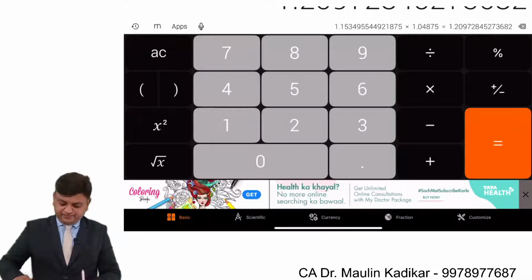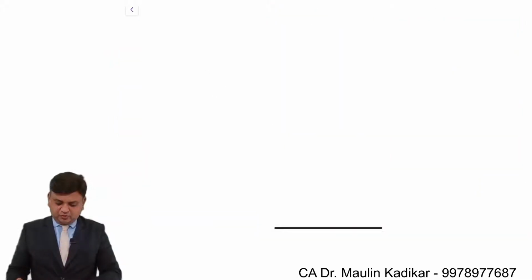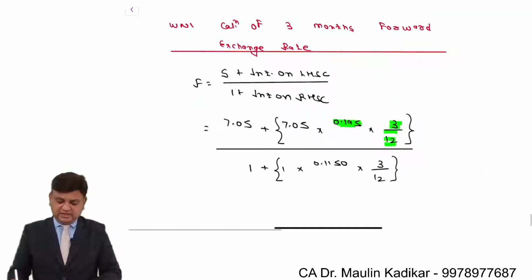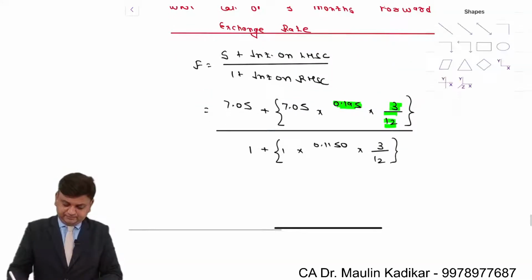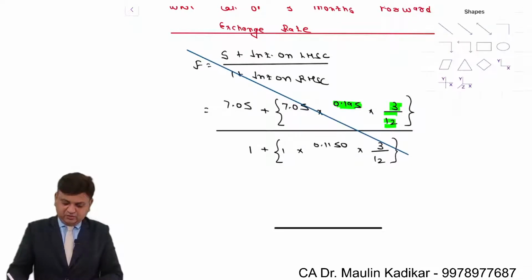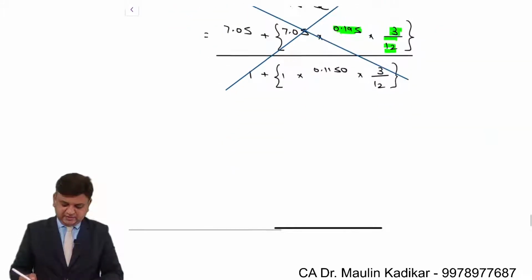That is wrong. That is the reason, friends, in this question where the rate of interest is given to us on annually compounded basis, instead of working like this, we are required to work out the answer in a different way.